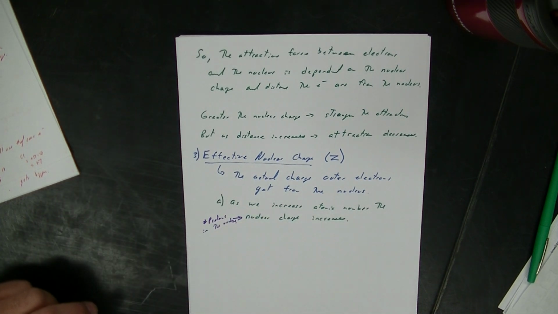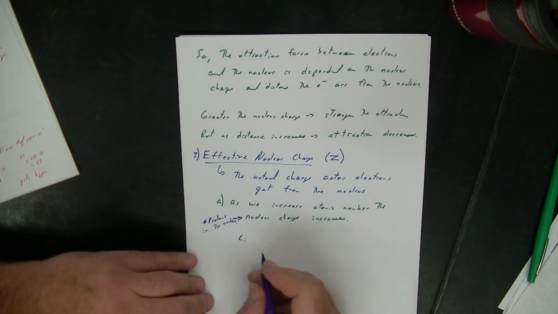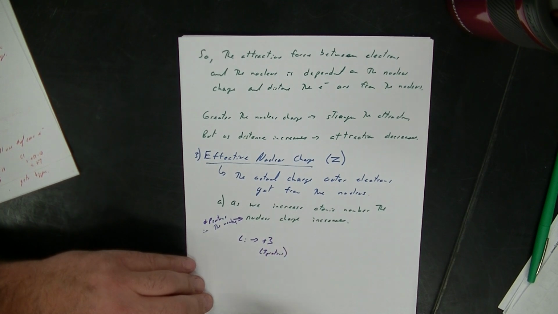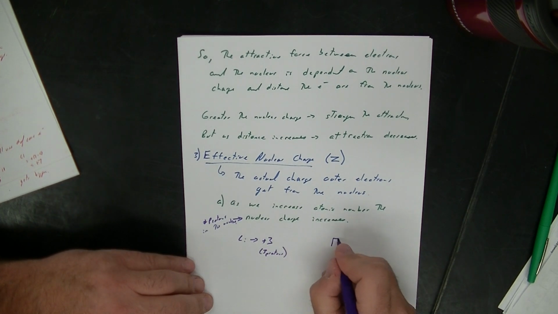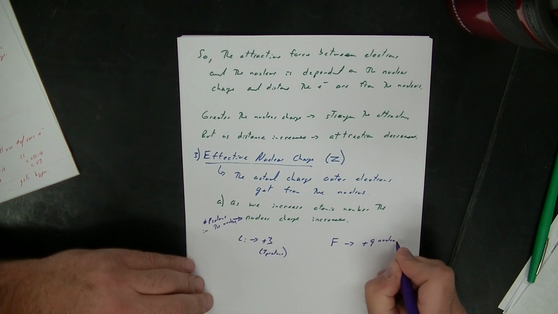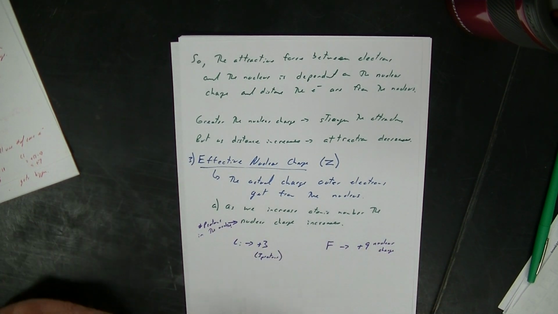So let's say we have lithium. Lithium's nuclear charge is +3. Why? It has 3 protons in the nucleus. If we look at fluorine, its nuclear charge is +9, because it has 9 protons in the nucleus. So there's our nuclear charge.